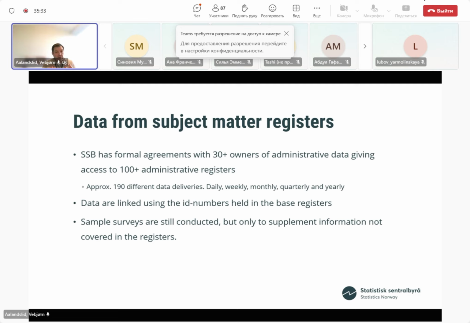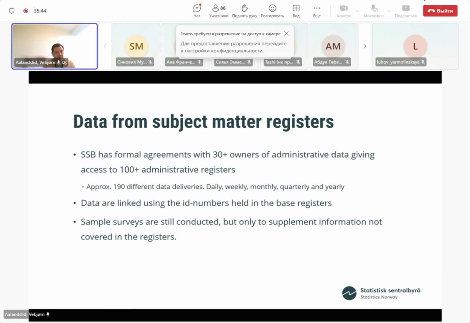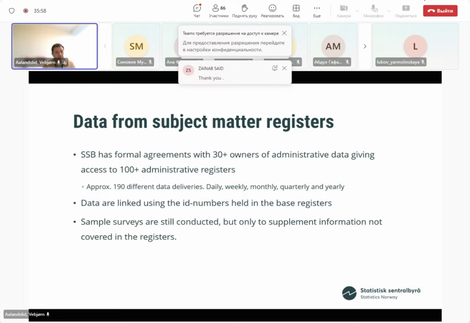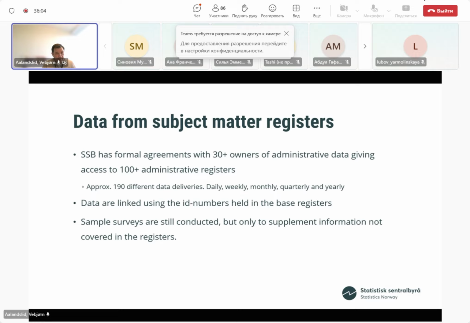Based on this, we have formal agreements with some 30 plus owners of administrative data, which gives access to more than 100 different administrative registers. During the course of the year, whether daily, weekly, monthly, quarterly, or yearly, we receive around 190 different data deliveries at Statistics Norway.